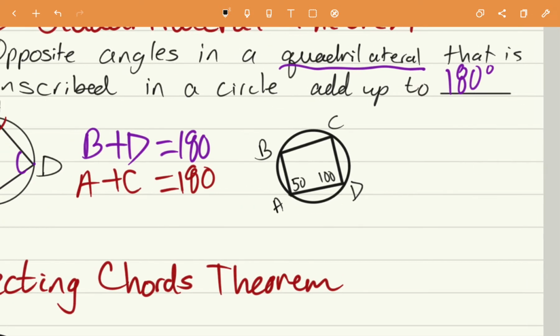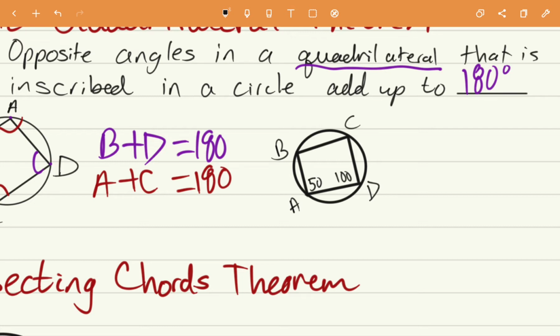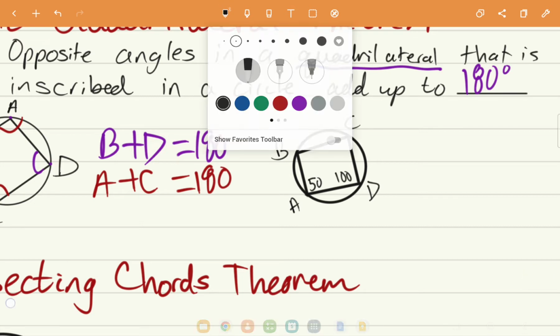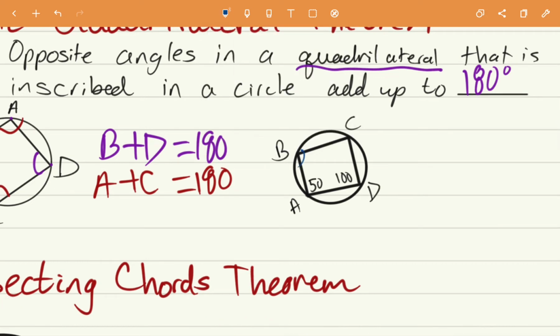I'll just do a quick example so I can show you how to do this. B plus D equals 180, D equals 100, so we get B plus 100 equals 180. Subtract 100 from both sides. We have B equals 80 degrees.